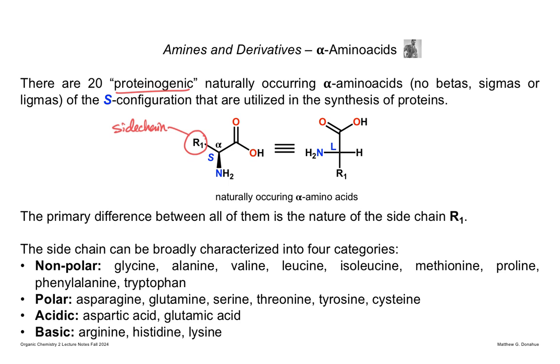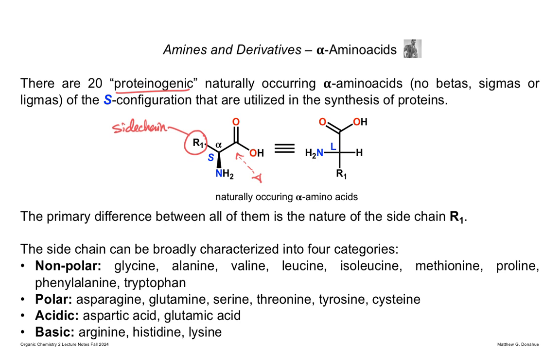And if we look at that in the form of a Fischer projection, the amine group is on the left, which gives it that capital L designation. The convention is, your eyeball is right here, and you're looking that way. So the amine group ends up on the left, the hydrogen on the right, and the R group down.